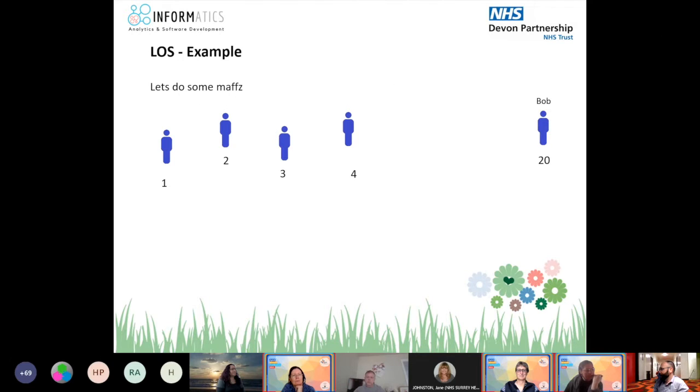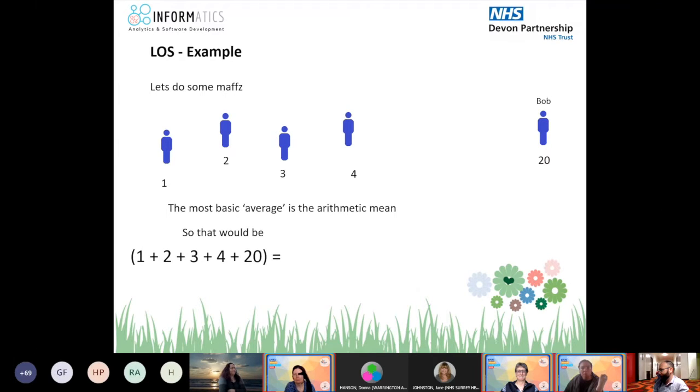So let's do some maths here, which I'm sure you're all here for. So the most basic average of our lengths of stay is your arithmetic mean. So that would be 1 plus 2 plus 3 plus 4 plus 20, which comes through as 30. And then we've got 5 patients, so we divide that by 5, which gives us an average of 6.